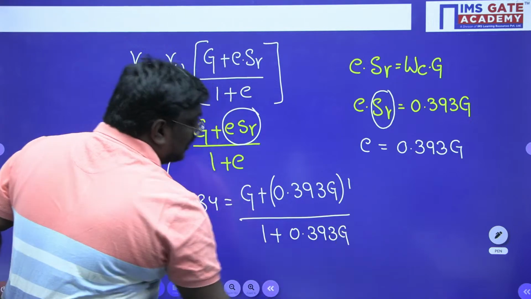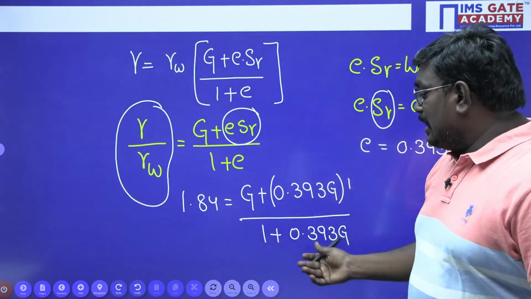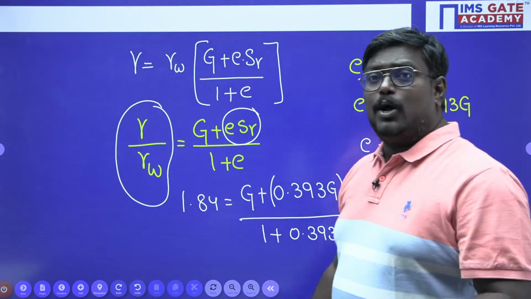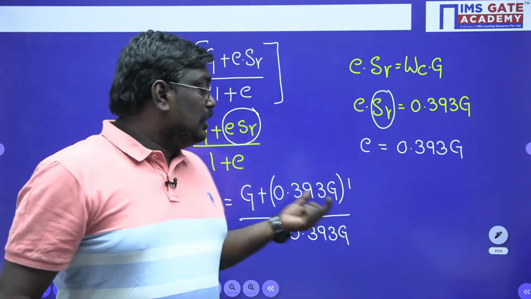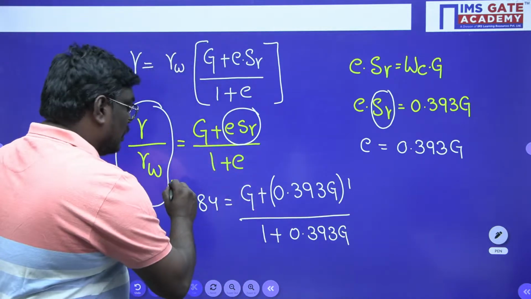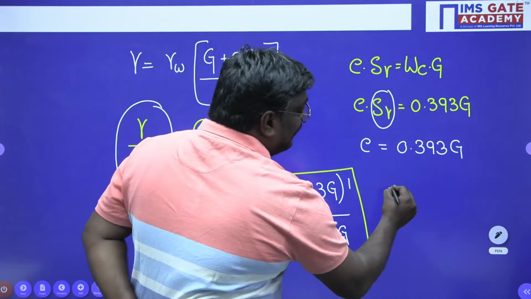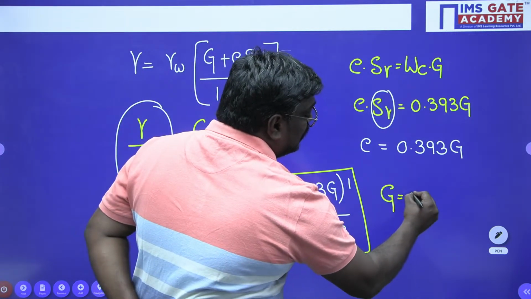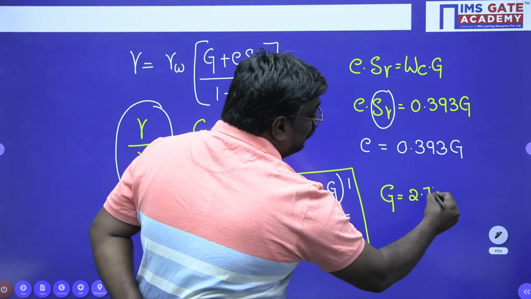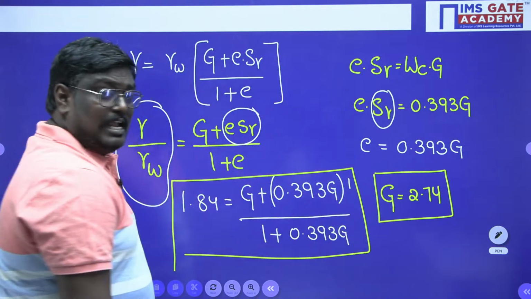Can anyone tell me the value of G? There is only one unknown and one equation, and the unknown is the specific gravity. If you solve this equation, you will get G equal to around 2.74.